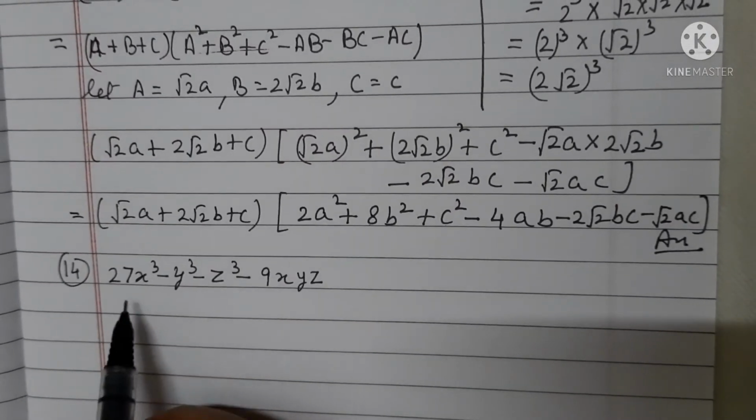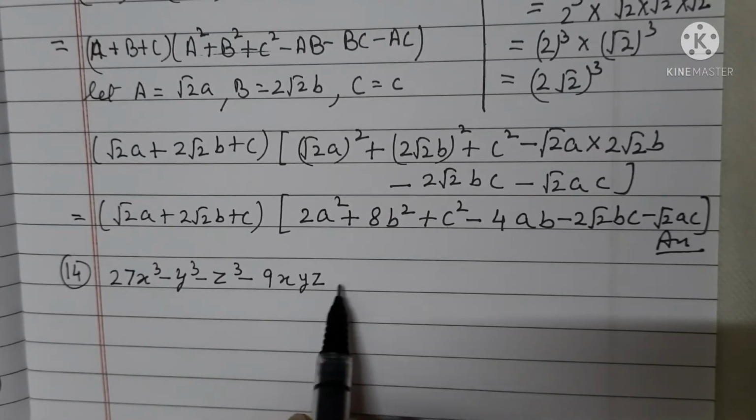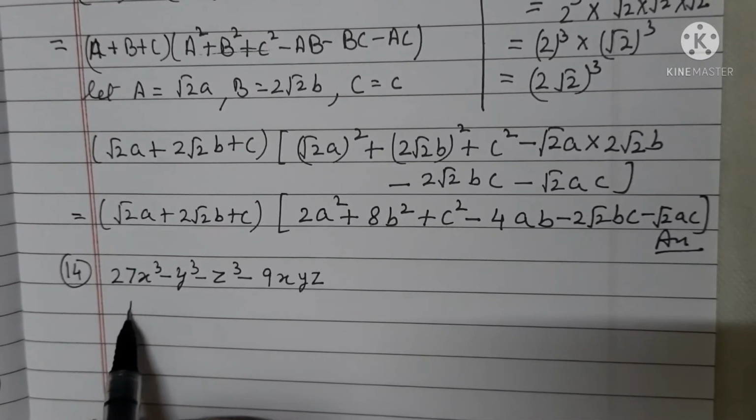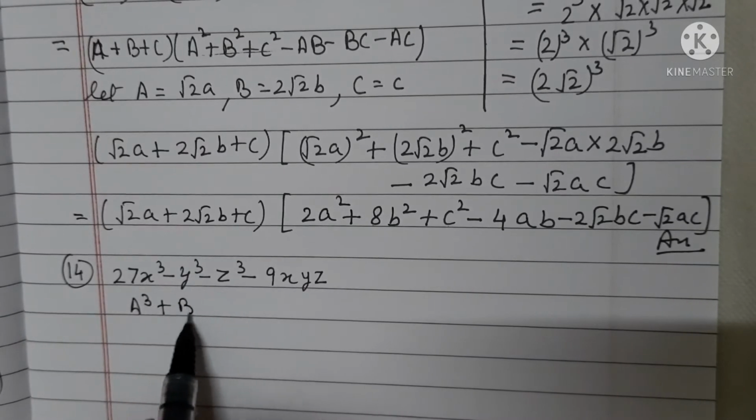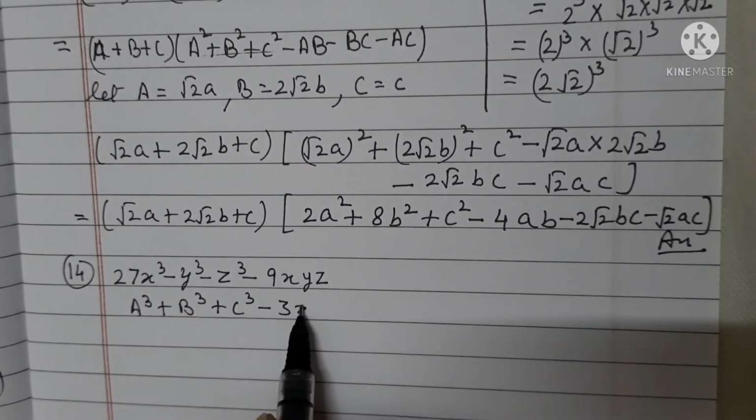Question number 14. 27x cube minus y cube minus z cube minus 9xyz. So convert it in the form of a cube plus b cube plus c cube minus 3abc.